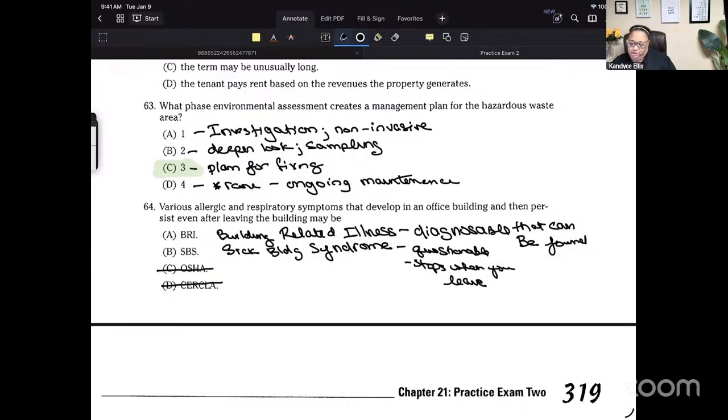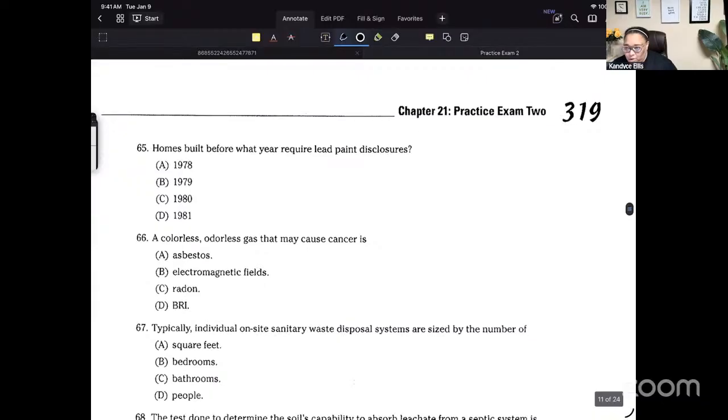So since the question says various allergic and respiratory symptoms, and then persist after leaving the building, okay, so I guess if it's persisting after leaving the building, what did he say? Would be SBS, I guess. I don't remember. But again, this is one of those, okay, I'll take my knowledge and roll on. I'm not worried about this. Again, if Uncle Ray wasn't here, I would have been like eeny, meeny, miny, mo. All right.